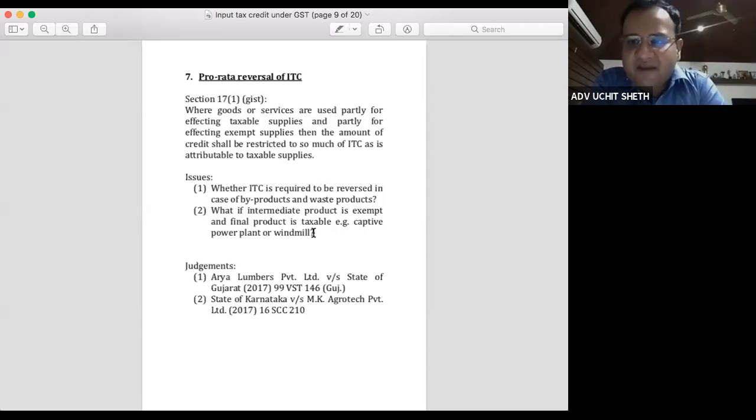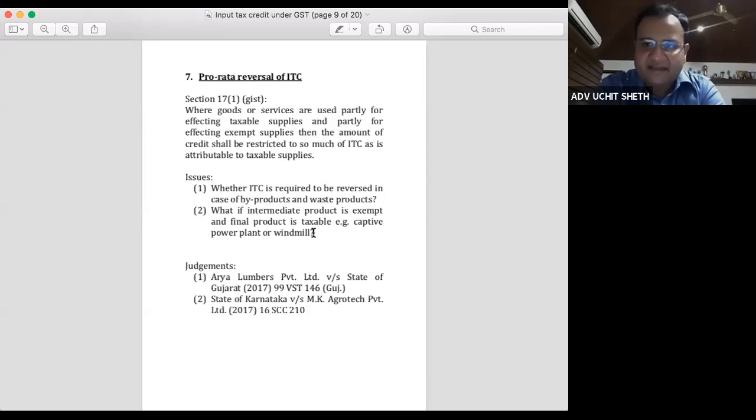So if I am manufacturing a taxable commodity and an exempt commodity, and if I have a common pool of input tax credit, then I will get the input tax credit only to the extent it is attributable to my taxable supply. Now, two issues are likely to arise. First, whether input tax credit is required to be reversed in case of byproducts and waste products.